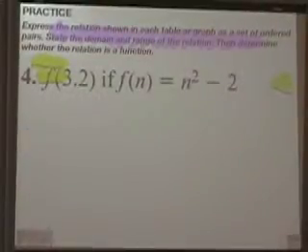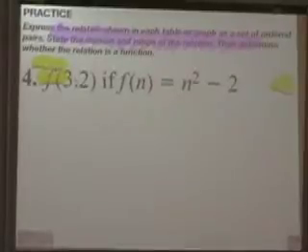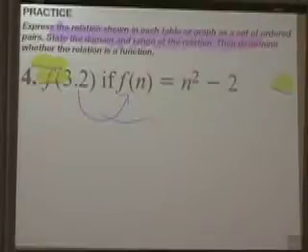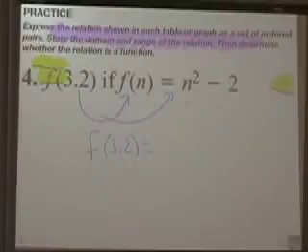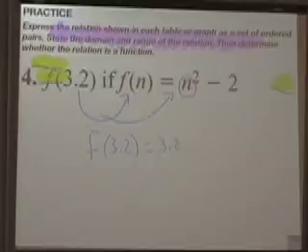Alright, so right here we've got to substitute 3.2 in everywhere there's an n. Okay, so we've got f of 3.2, and then in the equation, instead of n, what do I put? 3.2 squared minus 2.